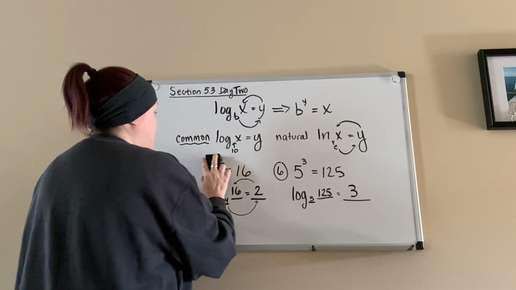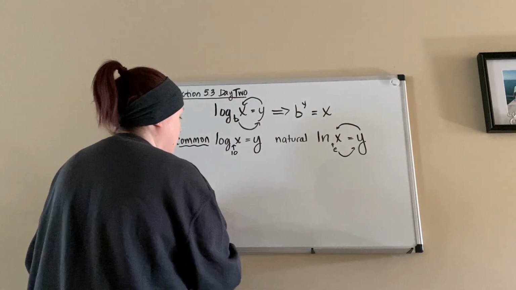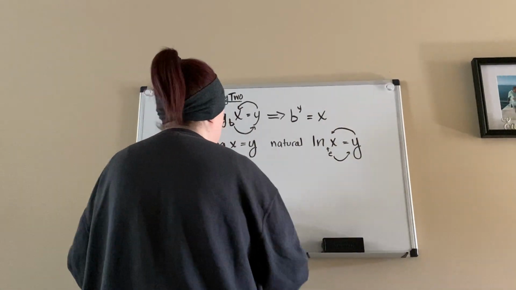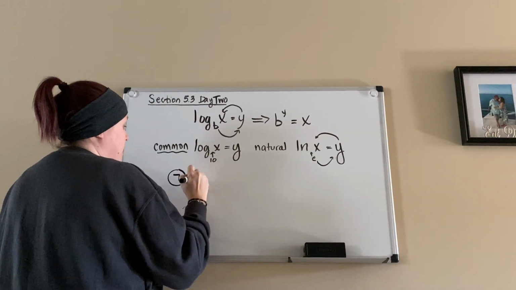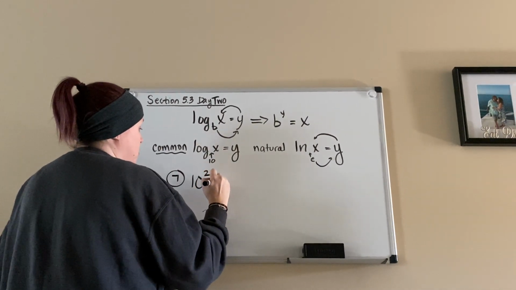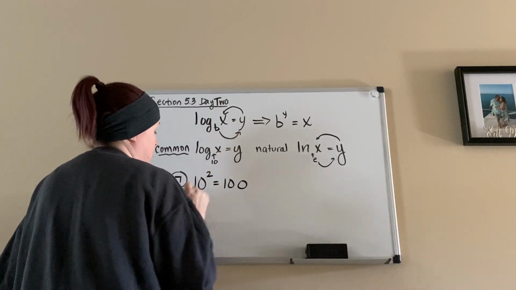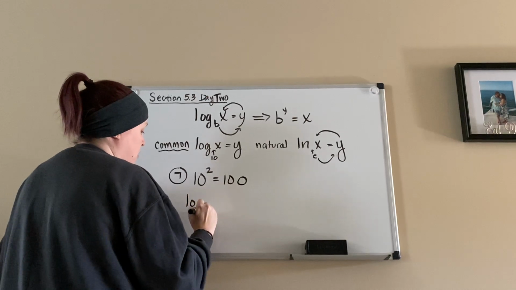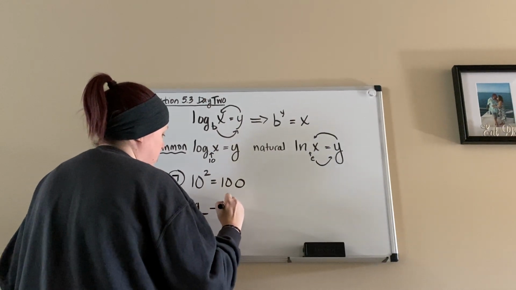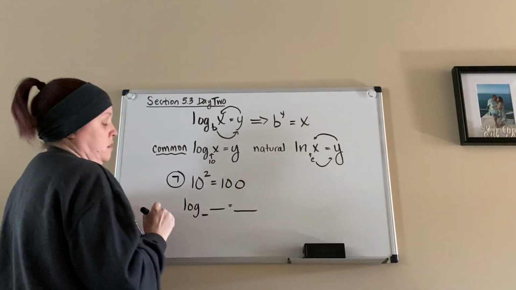So our last 2 problems that we're going to do are common log and natural log. For number 7, if I gave you 10 to the 2 equals 100, same thing, you would have log, little base, number equals what?